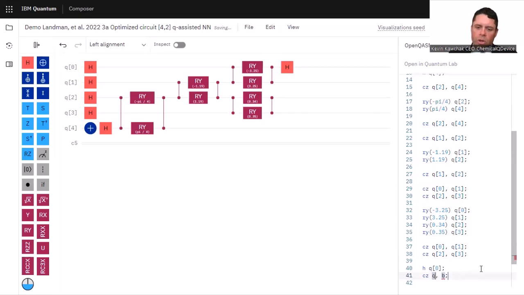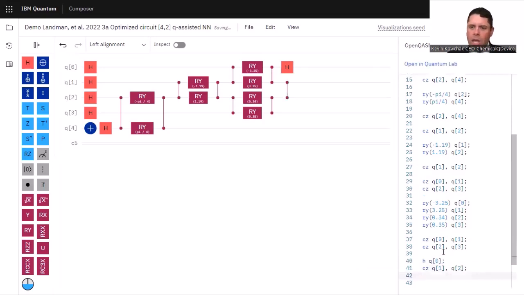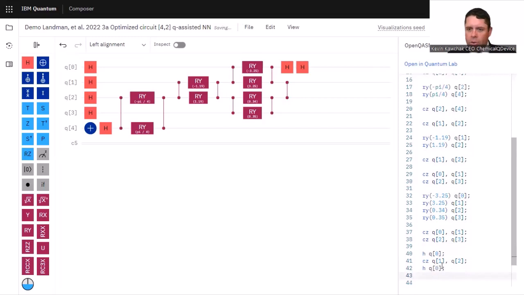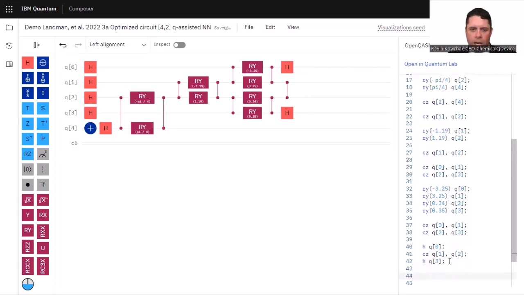So Q, this is 1, and this is 2, and then semicolon. And then we're going to have another H, but this one's going to be at Q3. H at Q3. Okay, so coming towards the end of this, there's a repeat here in some RYs.